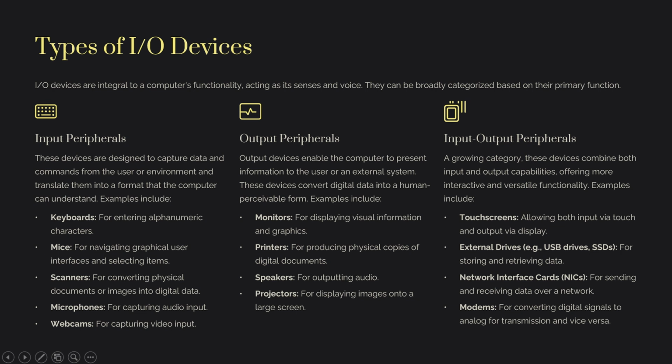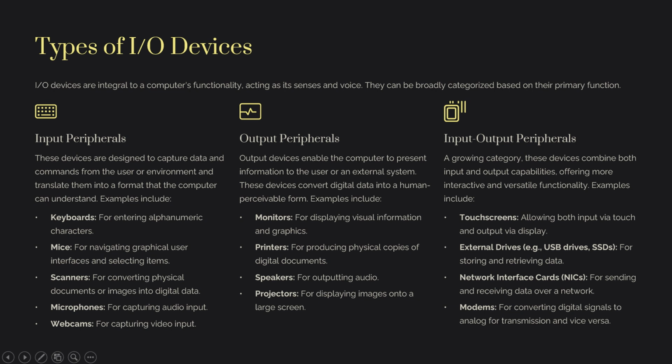We also have the mouse for navigating the graphical user interface and selecting items. We also have scanners for converting physical documents or images into digital data, microphones for capturing audio input, and webcams for capturing video input.